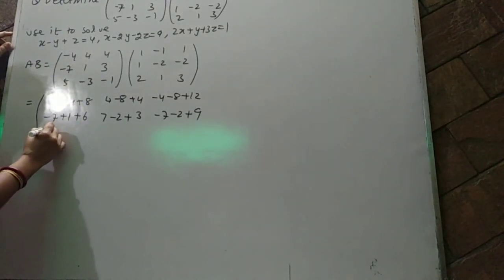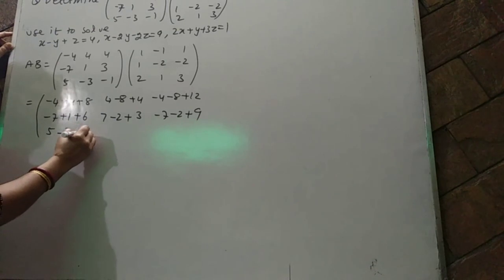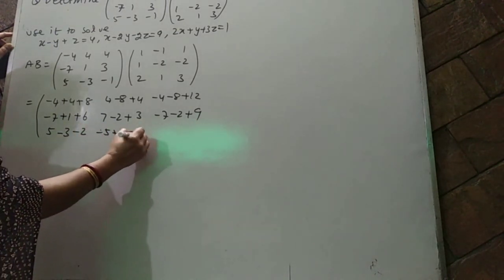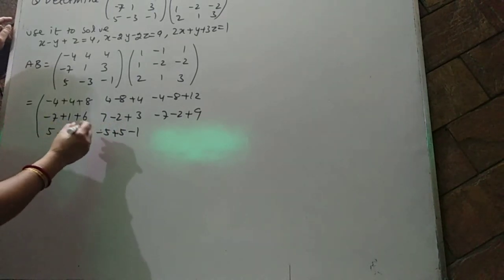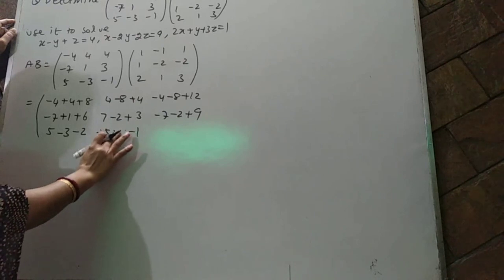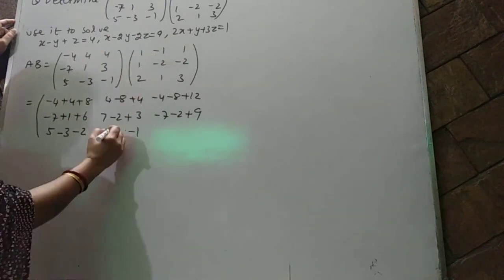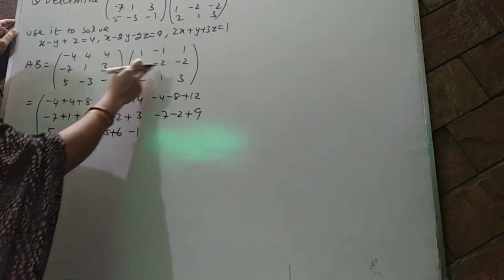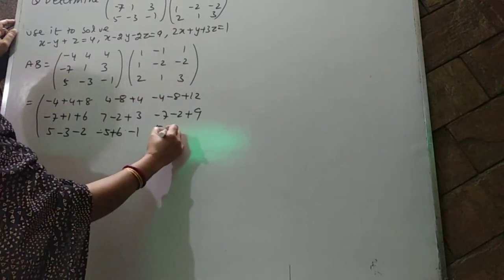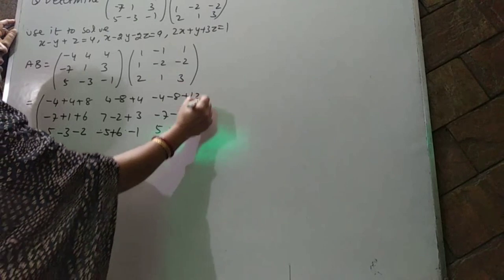Then here we are getting 5 minus 3 minus 2, and then -5 plus 5, and then -1. That is -5 and then plus 6. Beta, you have to check the calculation. Plus 6 and then -1.